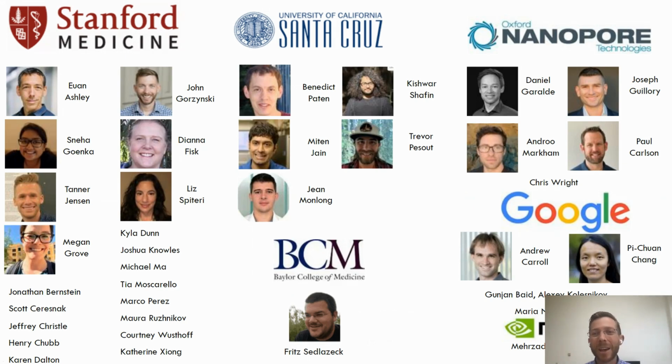In fact, this was a huge collaboration between different academic institutions, including Stanford Medicine, University of California, Santa Cruz, Baylor College of Medicine. And we also had a lot of industrial partners as well, including Oxford Nanopore Technology, Google, who used their cloud computing services, as well as NVIDIA, who helped us with all of our hardware.